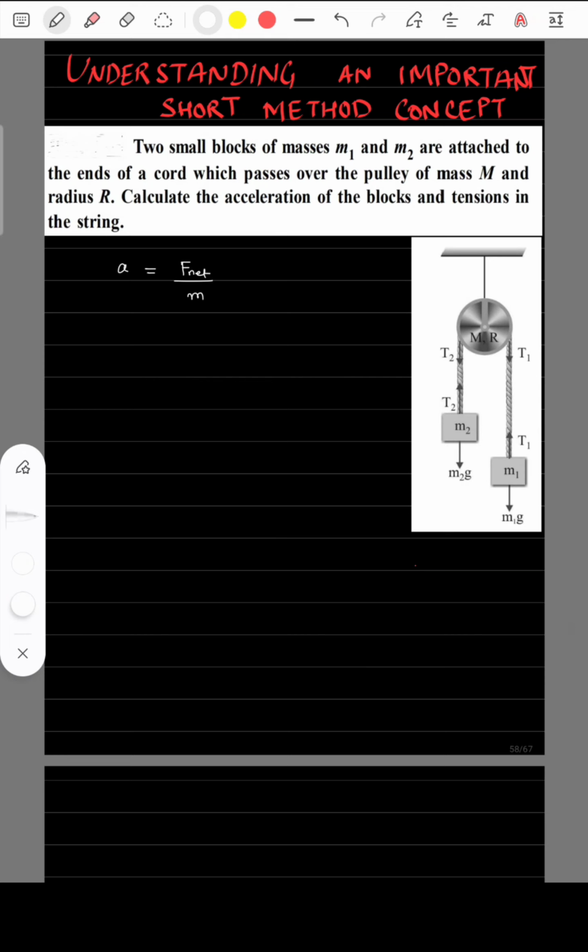Now adding these two above equations, we can write (m1 minus m2) g minus I a by R square minus T2 plus T2 will cancel out, and this will become (m1 plus m2) into a.